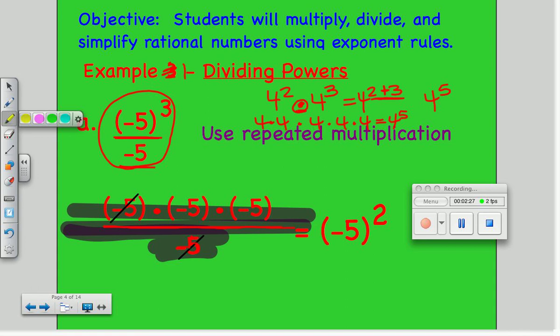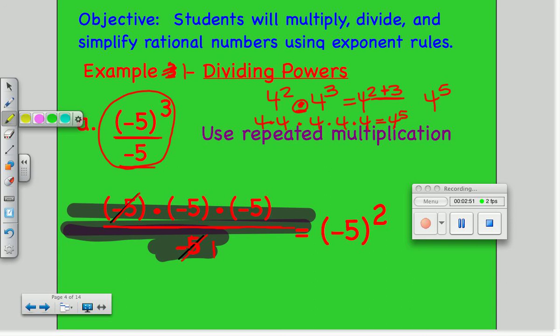In division, when we divide, we can cancel out. So -5 and -5, those cancel each other out, right? So what do I have left? Nothing on the bottom. I don't have any number at all on the bottom, unless you want to consider it a 1, that's fine. But any number divided by 1 is going to be the same number. And on the top, what do I have? 2 -5s.